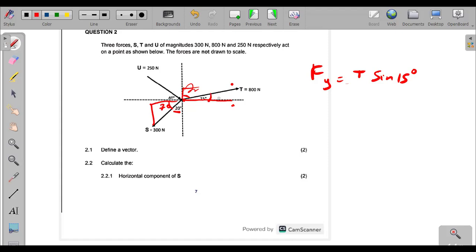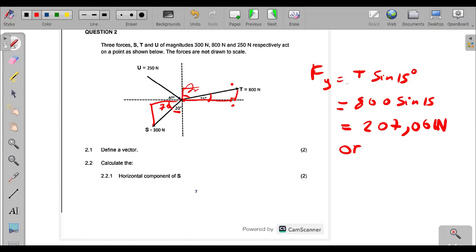We are using the trig ratios when we are performing those calculations, because we have formed a right angle triangle. So we have 800 multiplied by sine 15, and punching our calculator, that will give us 207.0552361. So to two decimal places, that's our force there.